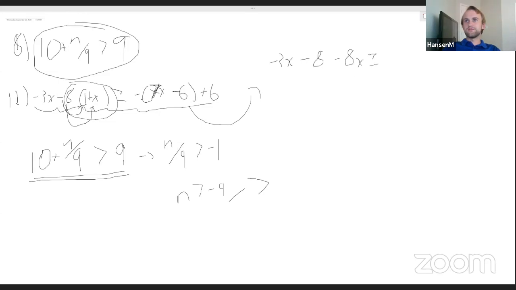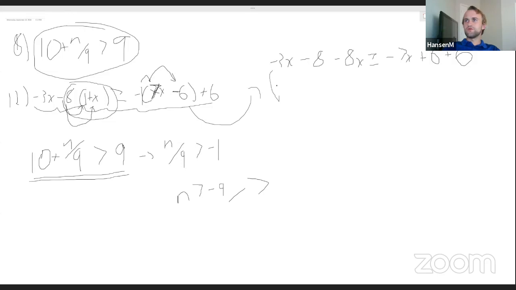So we do something kind of similar here where we have negative 7x minus 6. This negative is just saying the same thing as negative 1. So we would multiply negative 1 by each of these terms. Negative 1 times 7x is going to be negative 7x. And then negative 1 times negative 6 is positive 6. And then plus 6.